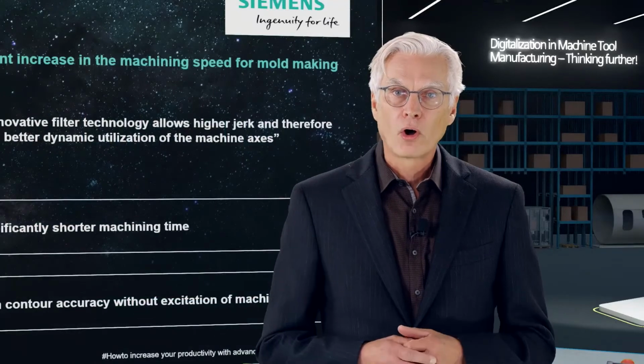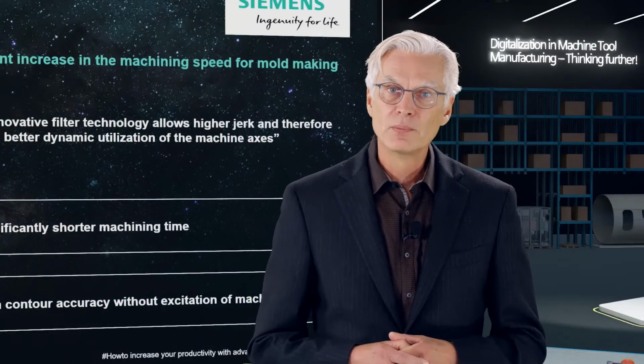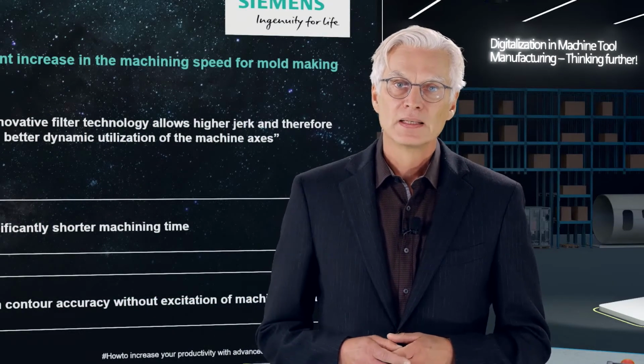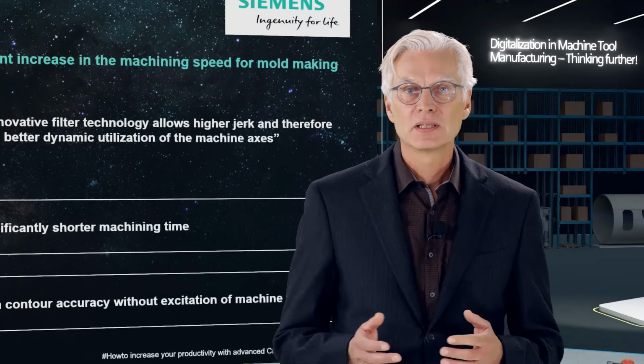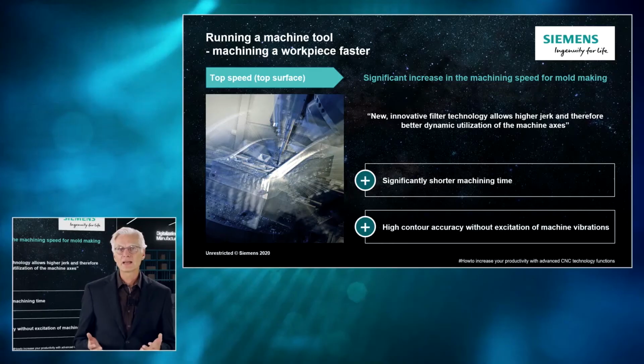And you no longer have to worry about suboptimal machine utilization. The Numeric One Dynamics packages are available for both 3-axis and 5-axis milling machines. So, ask the manufacturer of your machine about these options for Numeric One. In the following, I will talk about some functions from these packages.